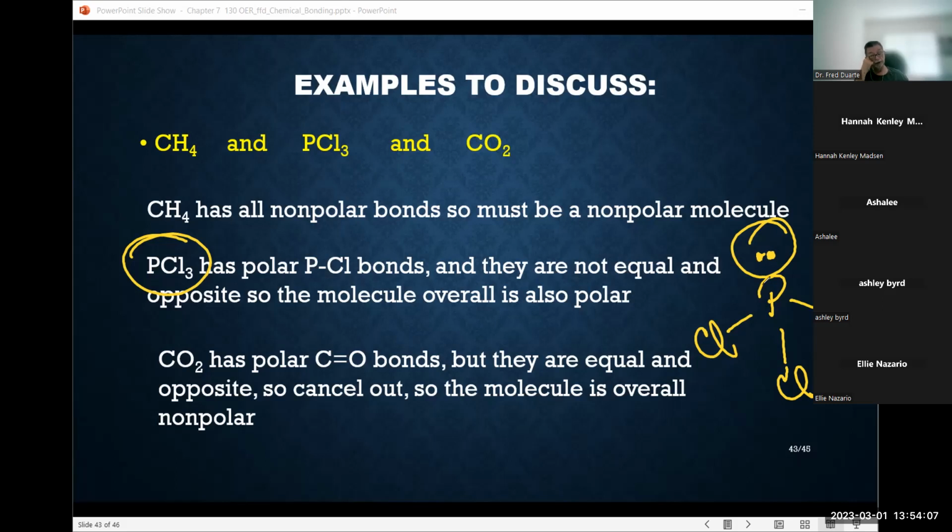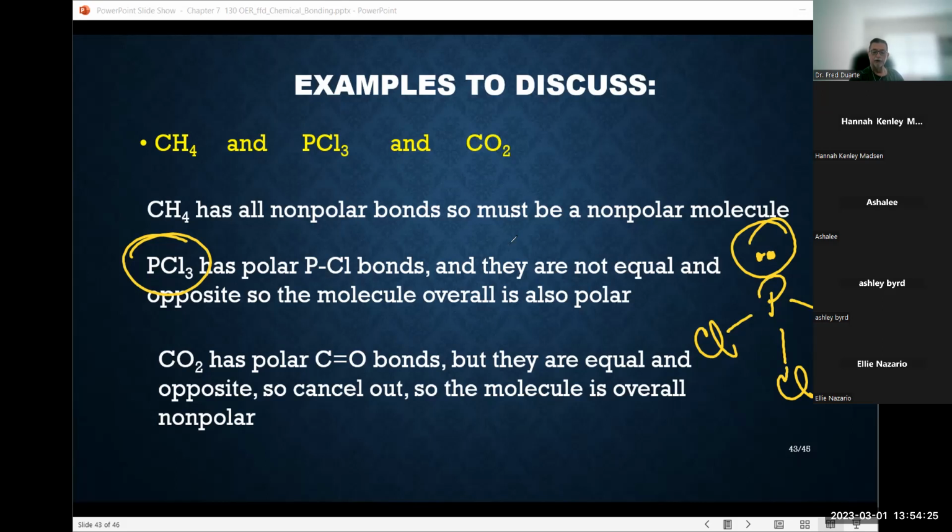So you have a polar molecule whenever you have lone pairs on the central atom. That's a general rule of thumb to help you out, and the only way to know that is to draw the Lewis dot structure and see that you end up with a polar molecule.